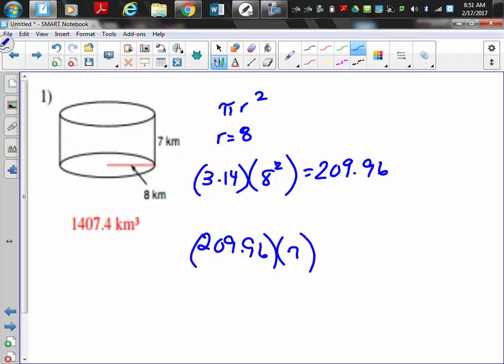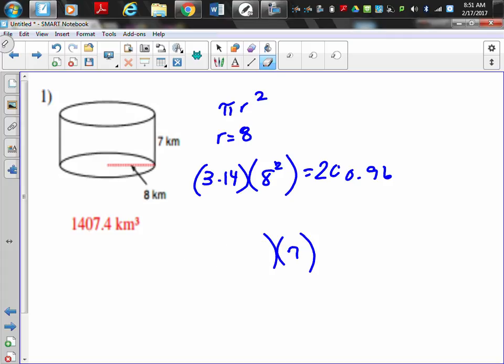Look, I wrote that down wrong. It's supposed to be 200.96. Okay. So times 7.